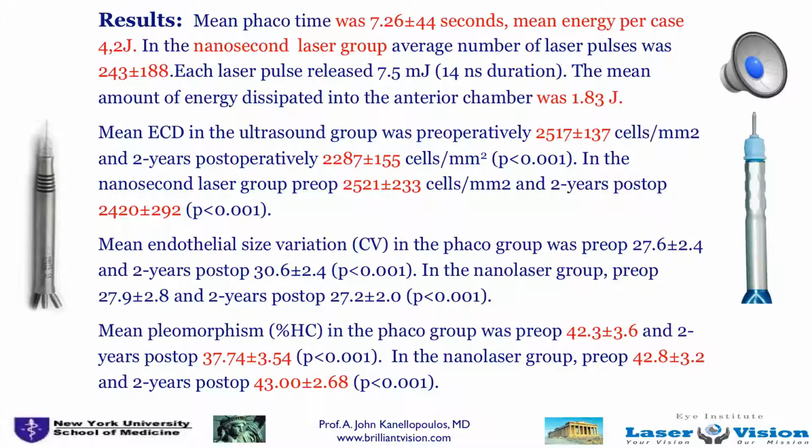In the nanosecond laser, the relative numbers were 27.9 and 27.2, a much smaller polymorphism development up to 2 years. Similar numbers, 42.3 up to 37.74 at 2 years for phaco, and 42.8 remaining at 43 at 2 years for nano, showed the significant differences.